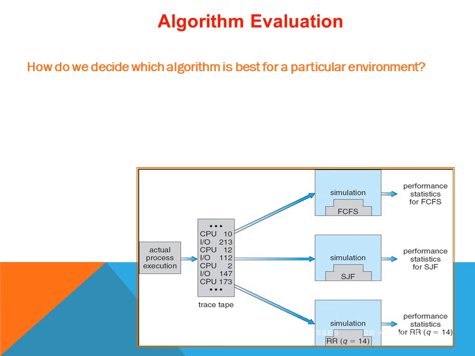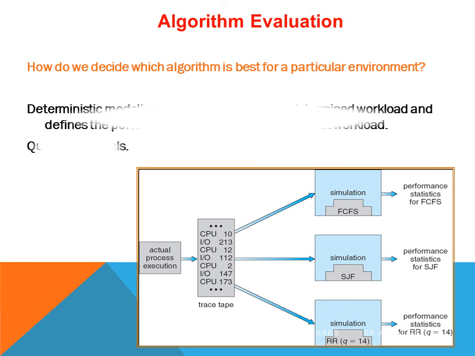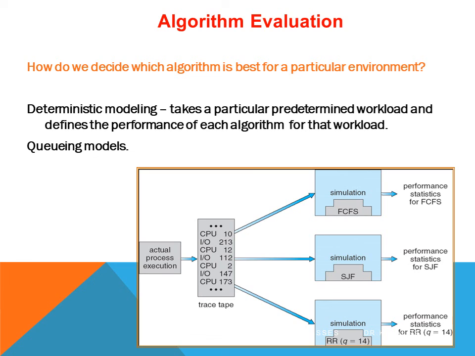Now, how do we evaluate and decide which algorithm is best for a particular environment? This is determined by deterministic modeling. It takes a particular predetermined workload and defines the performance of each algorithm for that workload. Queuing modeling works as well, and by using these queuing models and deterministic models, we decide which algorithm is suitable for our environment.